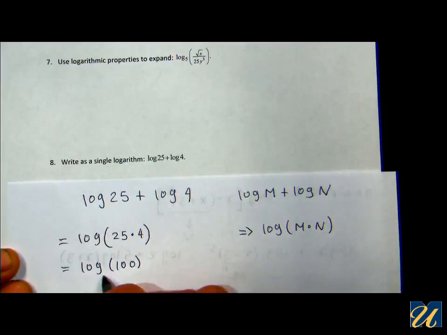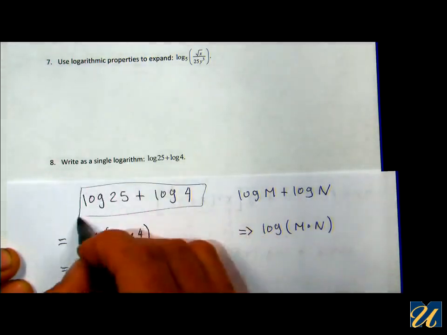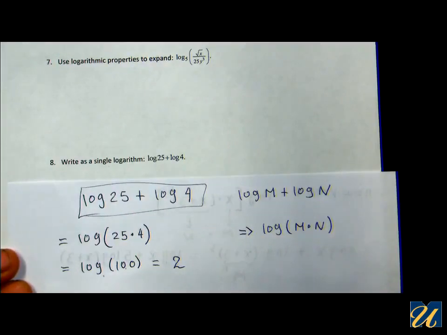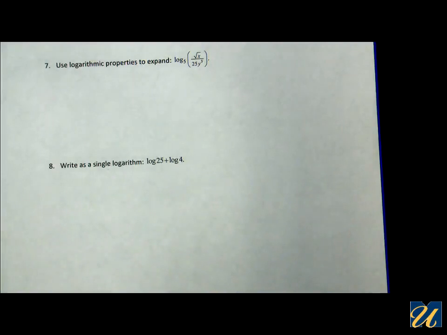Because it's base 10, 10 to what power is 100? 2. So this is the number 2 written in log form. It's kind of like it's written in secret code. Why write a 2 if you can write that in its place? Let's take a look at problem number 9.